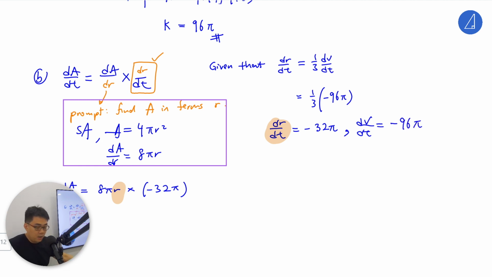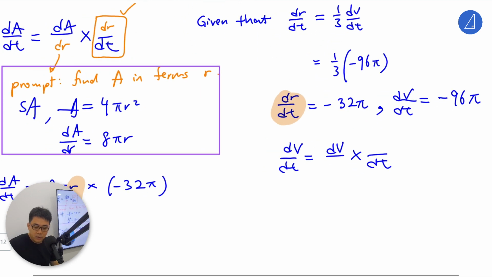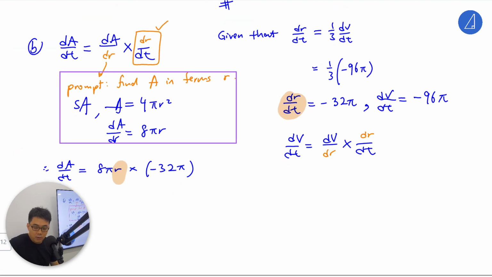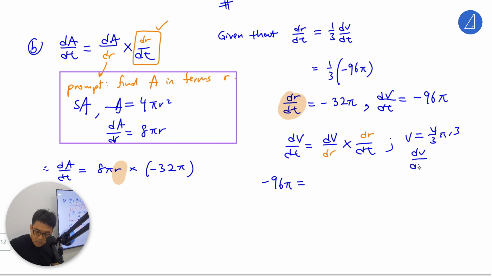So in order for you to relate both of them, dV/dt is equal to dV/dr times dr/dt. So you use dr/dt here. Once you establish that, you know that you need to use this expression here. This is 96 pi. dV/dr will be 4 pi r square.